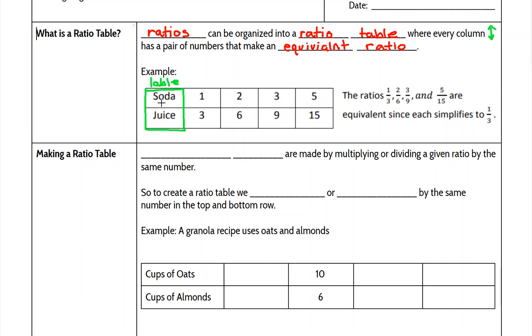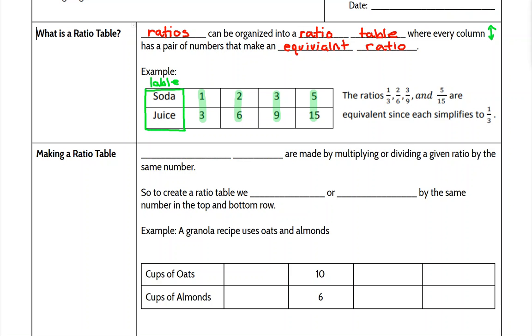In this case, we're comparing soda and juice, where the top number is our soda and the bottom number is how much juice. Each column after that represents a ratio. So we have soda and juice, and the ratio is 1/3, 2/6, or 2 out of 6, 3 out of 9, and 5 out of 15.